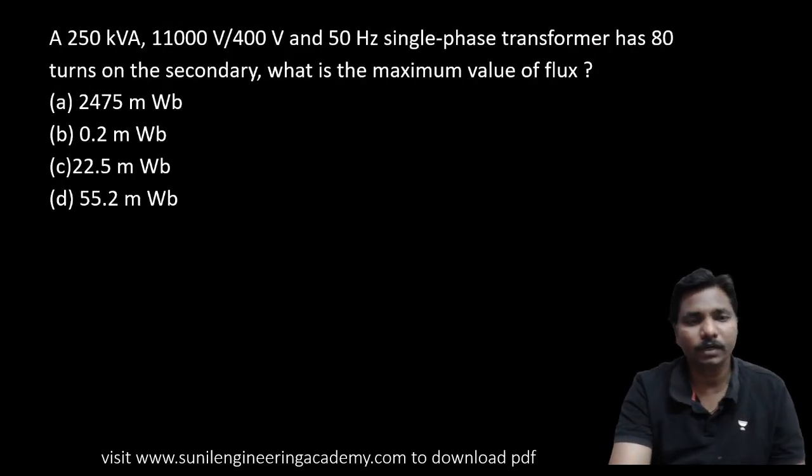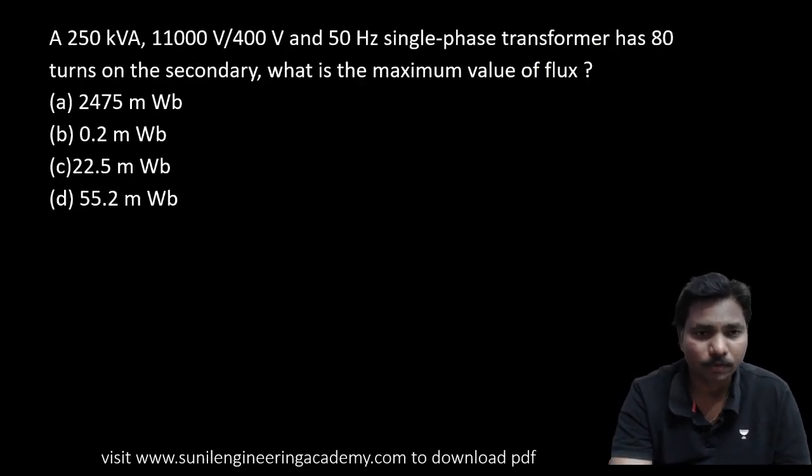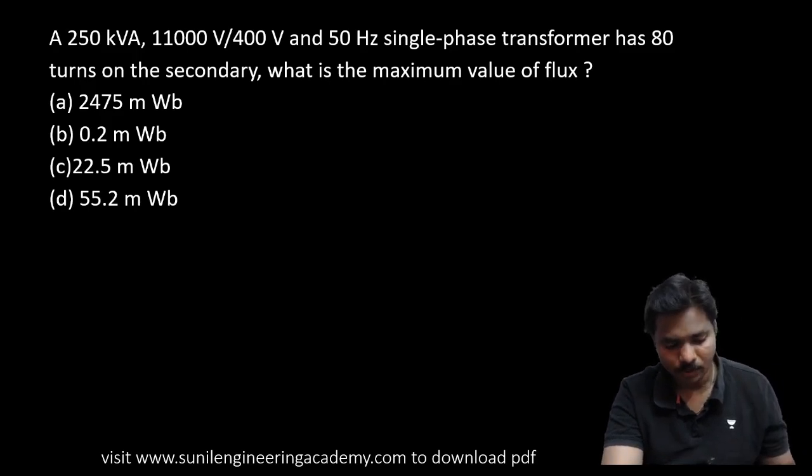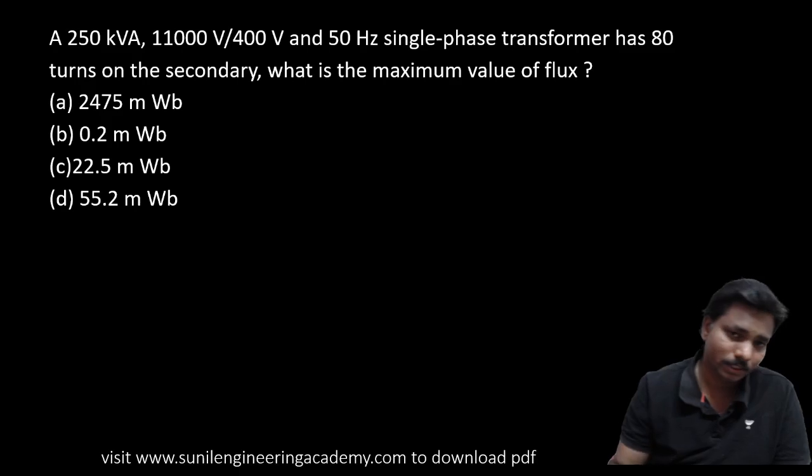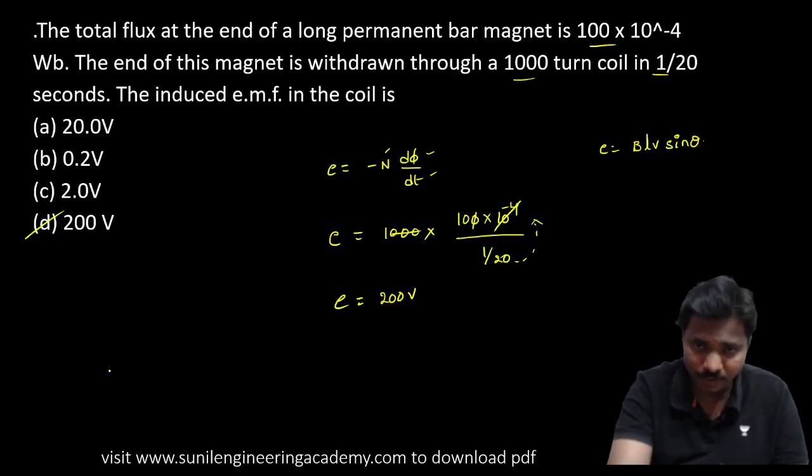A 250 kVA, 11,000 volts by 400 volts, 50 hertz single phase transformer has 80 turns on the secondary. What is the maximum value of the flux? Just now I said we have three equations.